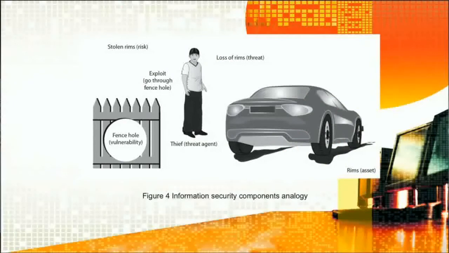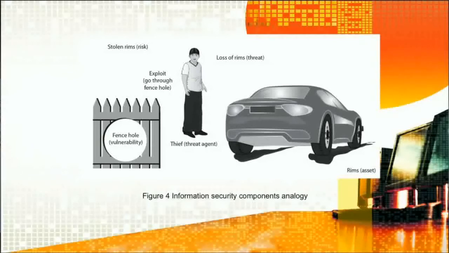So let's take Tommy here. Tommy has a nice new car with nice, shiny, brand new rims that he worked all summer long to pay for. So he has the risk of his new rims being stolen. So the loss of those rims would be the overall threat that we need to figure out how to mitigate. The thief looking to steal the new rims would be the threat agent.